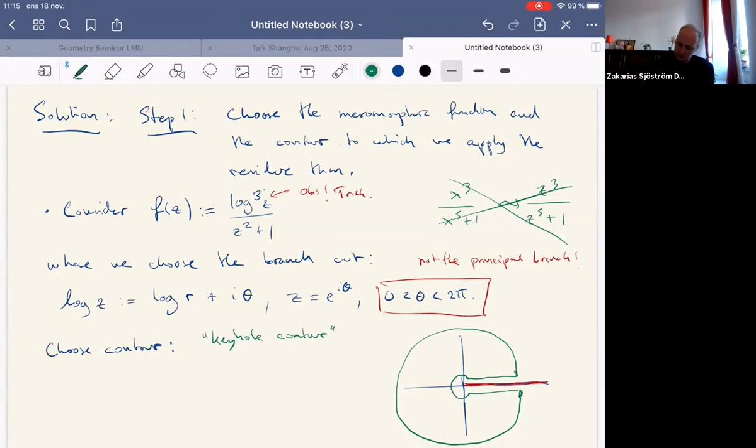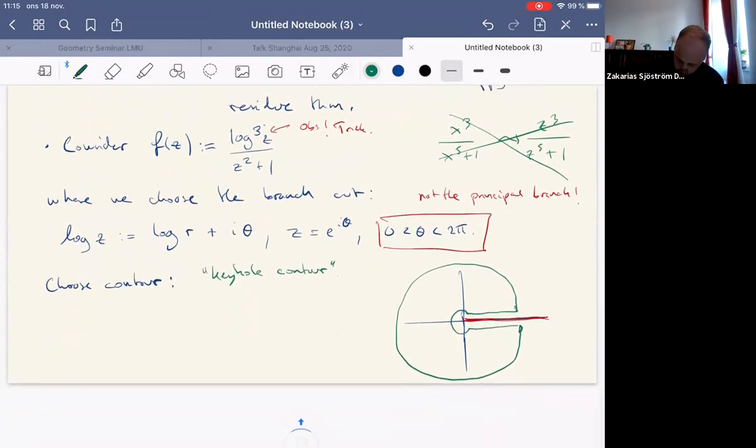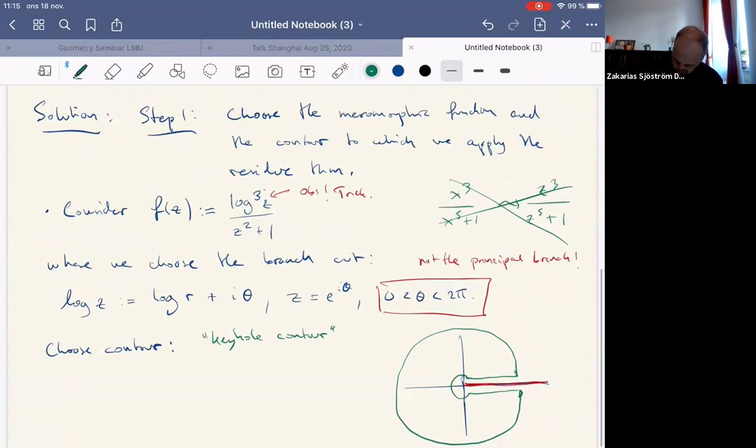Okay, and we will see later what happens. So, well, let's denote these parts. Let's say that this point here is R. So we call this CR, which is the circle of radius R. Let's call this C of 1 over R, a small circle of radius 1 over R. And then we have these two line segments here, whose distance to this branch cut should depend on R, it should be 1 over R or 1 over 2R or something like that.